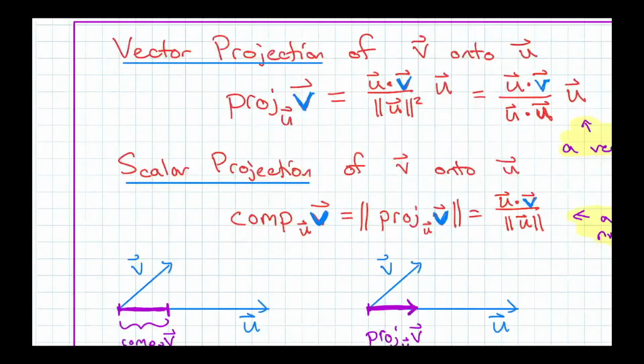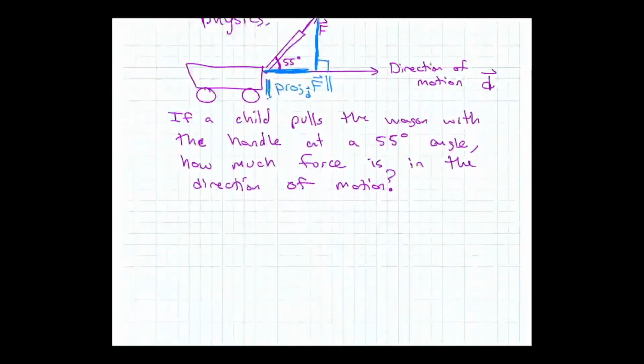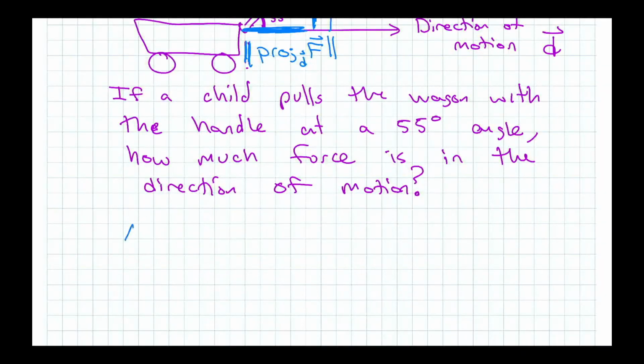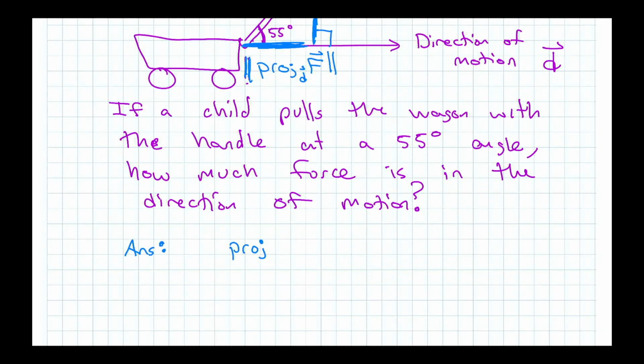So how would you do it? The answer would be the projection of, nope, sorry, the scalar projection. Let me erase that. It would be the component of F onto D. That would be the answer. And how would you calculate it?